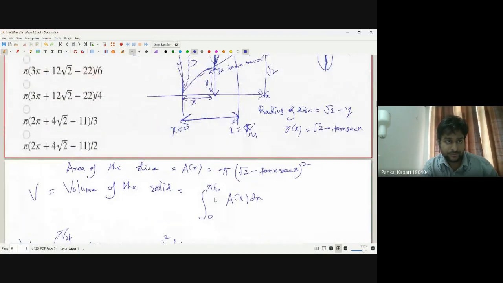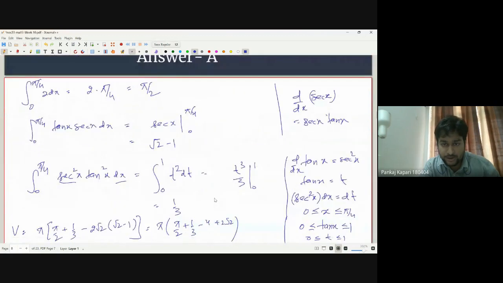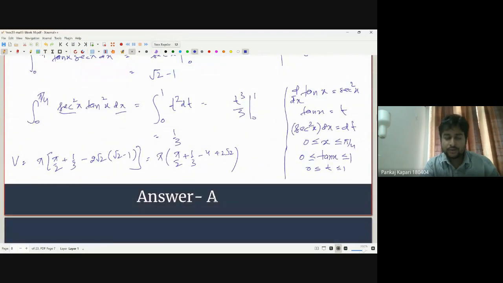Let's simplify it further. We can take 6 as the LCM. So outside we can take pi by 6, and then inside we have 3 pi, plus 2, plus 12 root 2, minus 24.